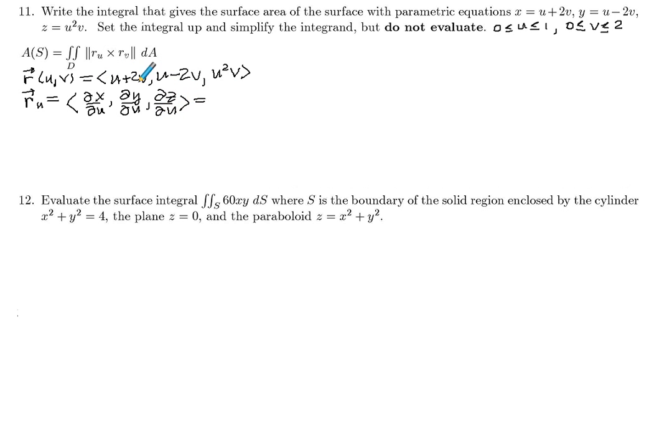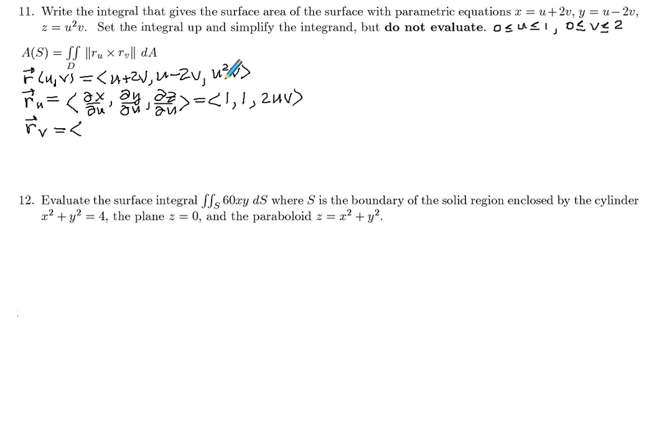So the u derivative of u is 1, 2v is 0, so that's going to be 1. U derivative here, 1 again. U derivative here, 2uv times that constant. Do the same thing with the v derivative, so r sub v.